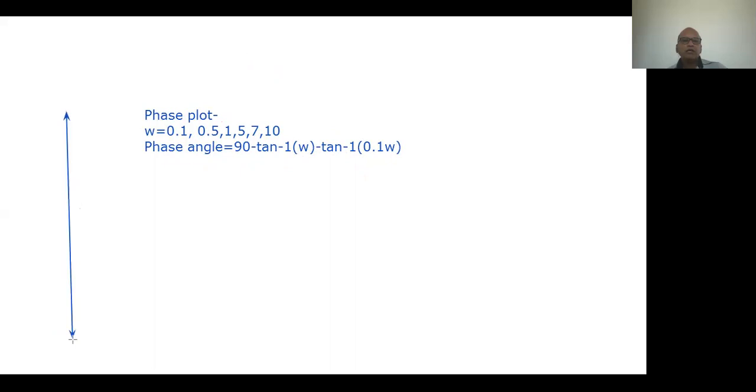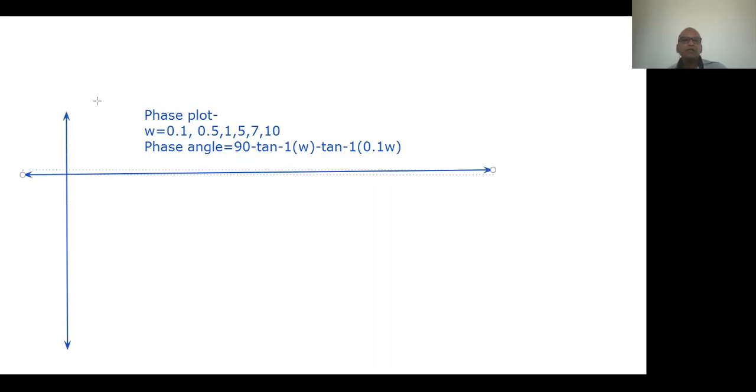Actually, at the time of the examination, you may draw on the same semi-log graph. Then take here 0 degrees, minus 45, minus 90, here is minus 180. On this x-axis here is log omega, that is frequency.